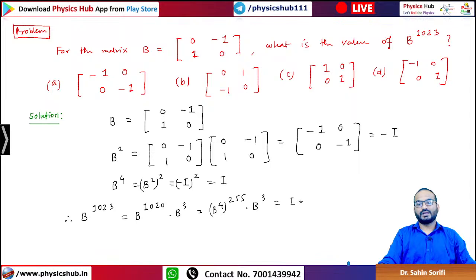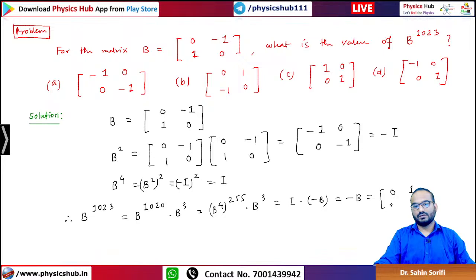So I times this is minus b. Minus b means each element should be multiplied by minus 1. So this is 0 plus 1 minus 1 0. That is matching with option B.